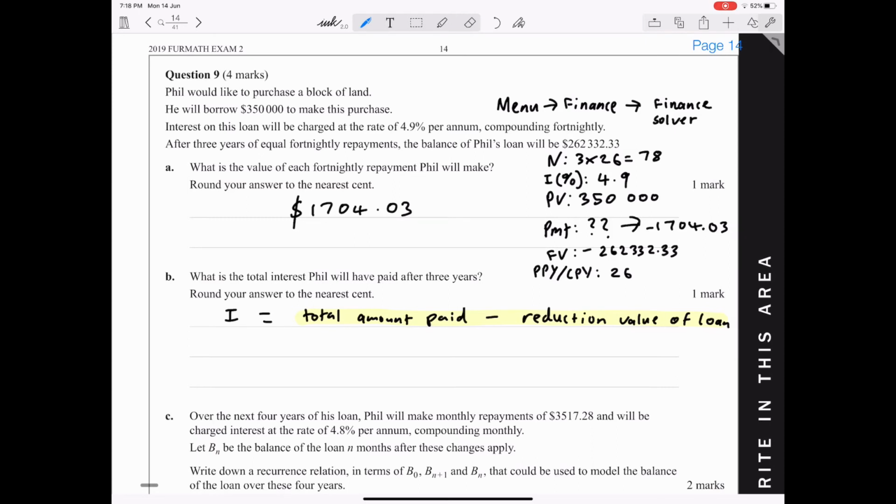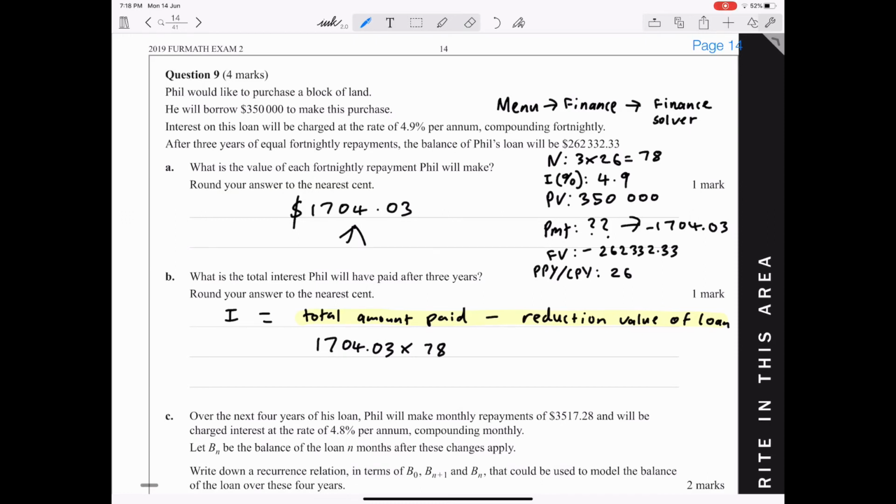So to work out the total amount Phil has actually paid, it's the fortnightly payments from the previous question, which is $1,704.03, times the 78 fortnightly repayments he made over the past 3 years.